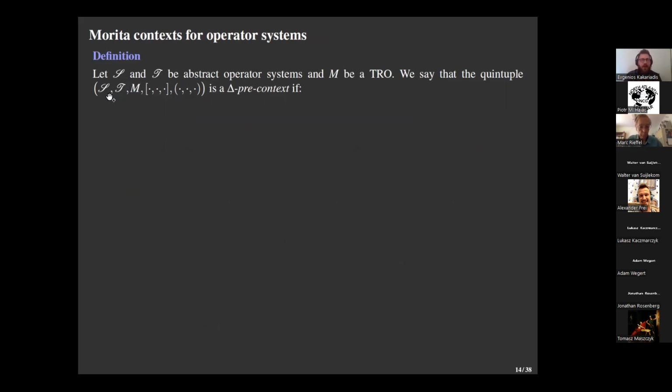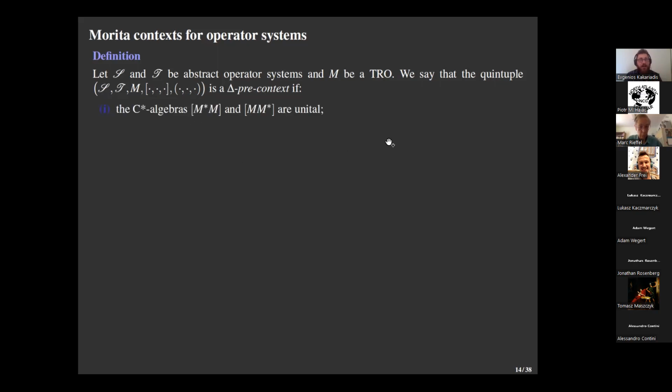And so whenever you have S, T operator systems, M a nongeneric TRO, a delta context will be when you also have two trilinear maps and they all satisfy a list of rules. M star M and M M star are unital. S is a bimodule over M star M, and T is a bimodule over M M star.